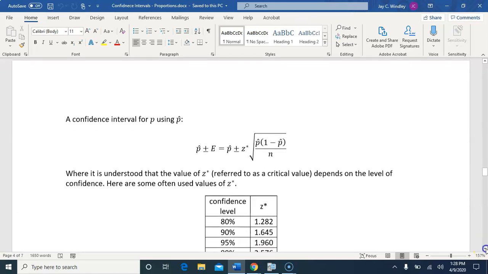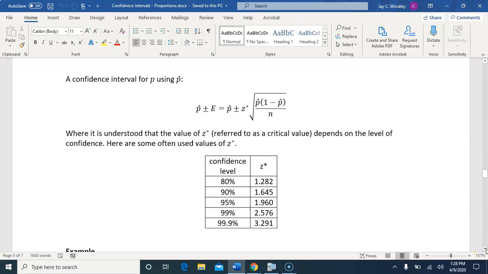And here's some really common values of z star. We see that if our confidence level is 95%, we're going to use a 1.96 right in this spot here. But if we want to be more confident, then we need a bigger value of z. If you want to be less confident, then a smaller value of z. So let's see how to use this formula here, the confidence interval formula, in a problem.